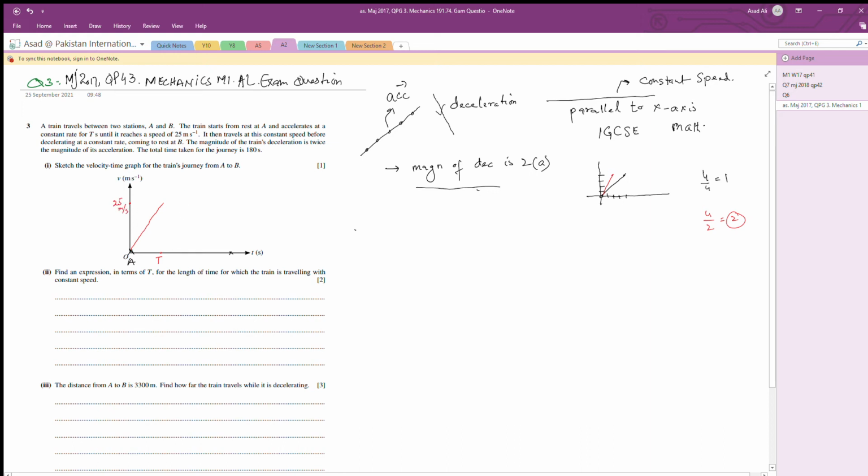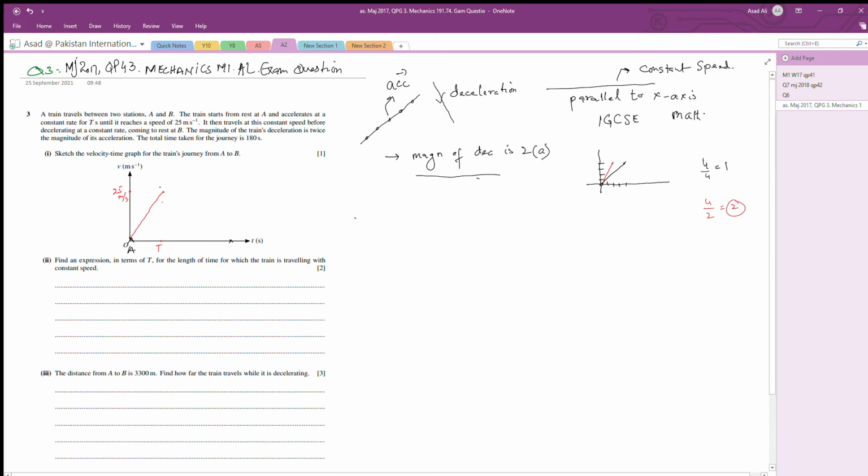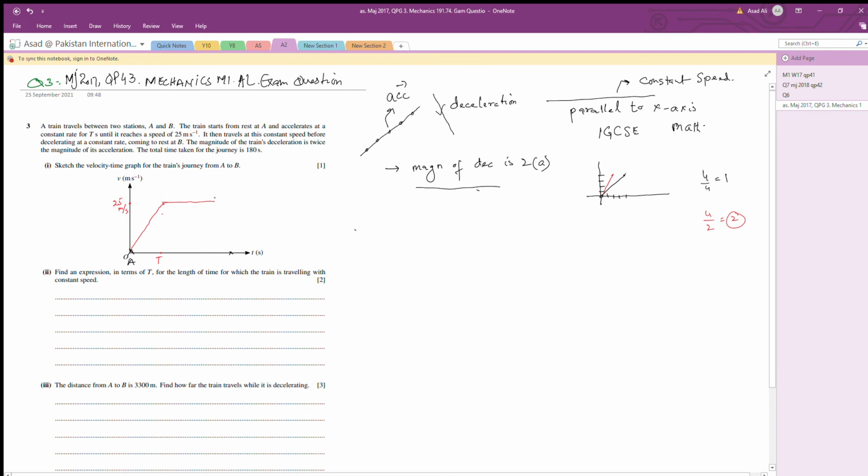Then they say it travels at this constant speed before decelerating. So from here it moves at the same constant speed before it decelerates. Now what will happen? One more thing here, look, these are 4 seconds, let's say. How many seconds are here?